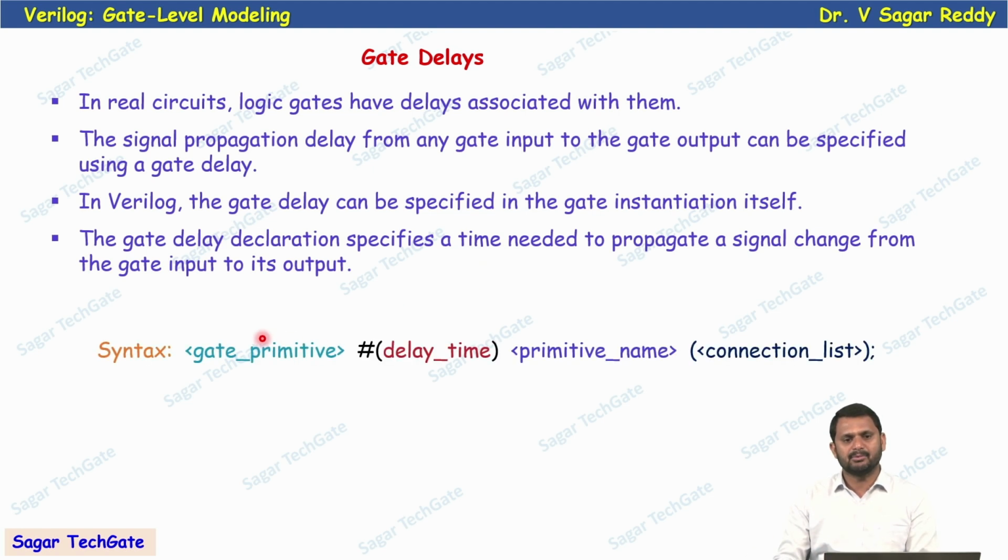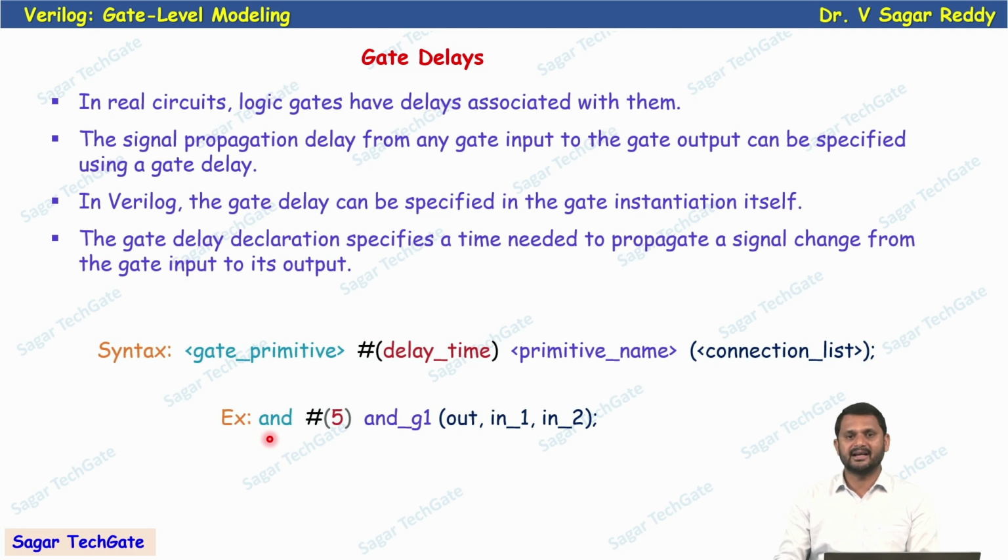This is the simple syntax for how we define delays in gate level modeling. This is the gate primitive and this is the hash and delay. In Verilog, as we already discussed, if you want to specify delays, we use a hash: hash, delay time, primitive name and connection list. See the example: and #5. What gate are we instantiating here?